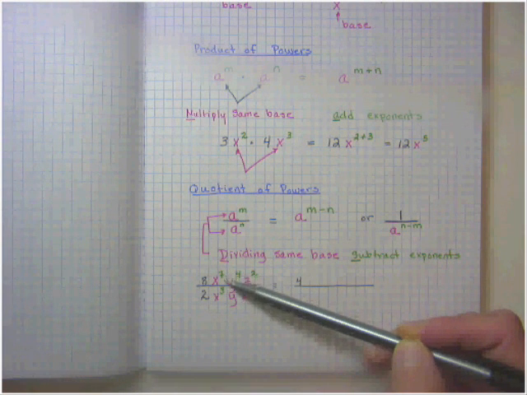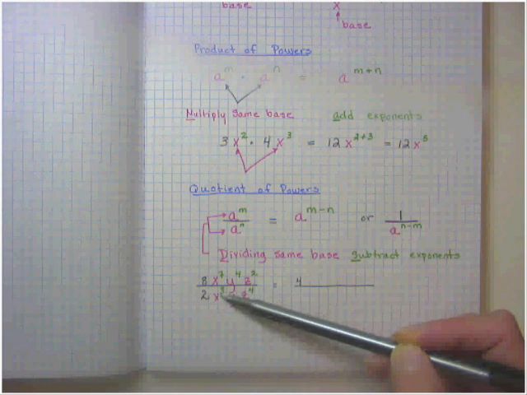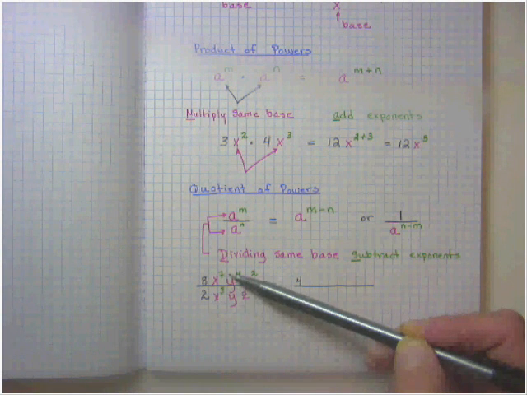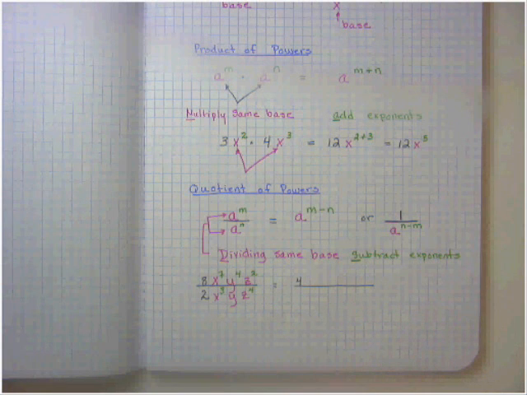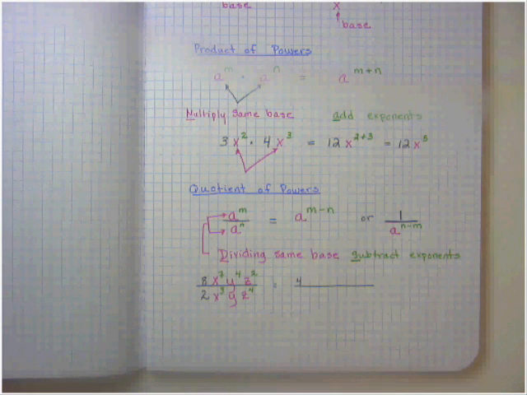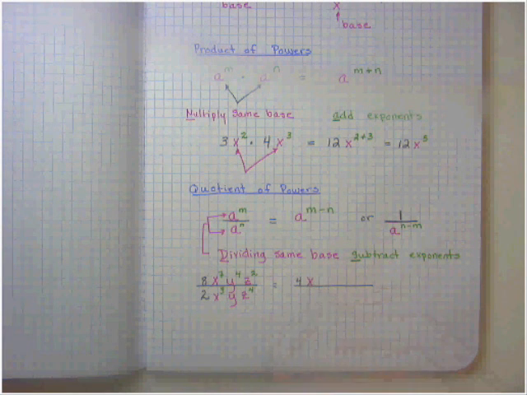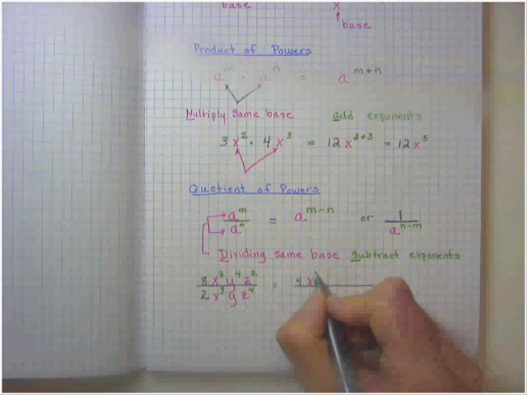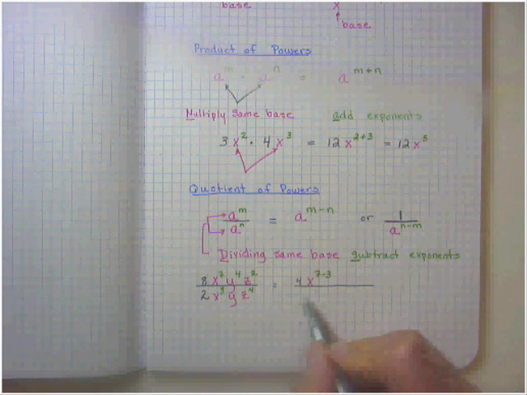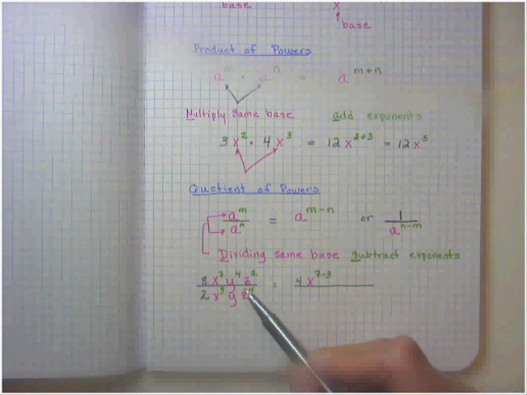Well, 7 is a larger exponent than 3. So it would make sense for me to move that 3 up here. I'm going to subtract 3 from the 7. So that's going to give me x, and that would be 7 minus 3. So now there's no more x in the denominator.